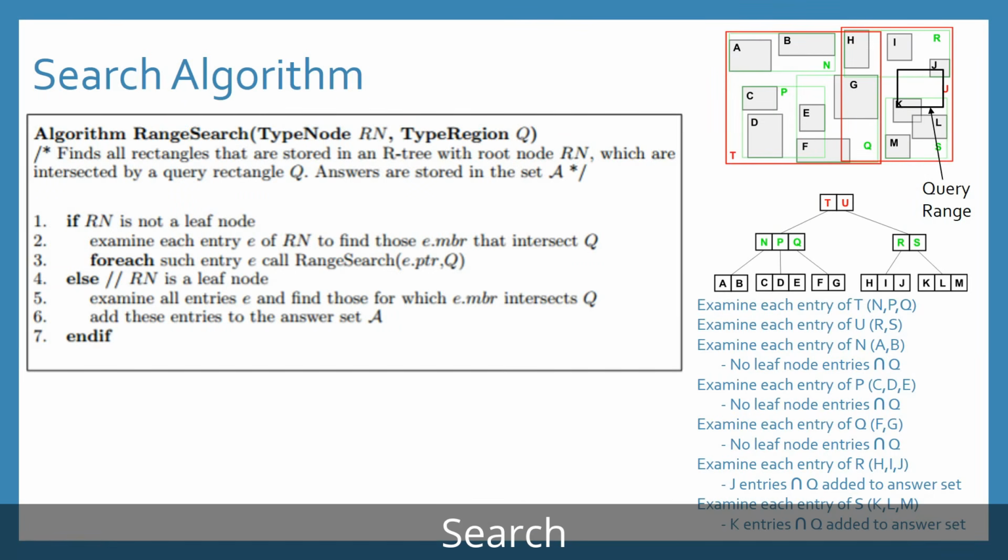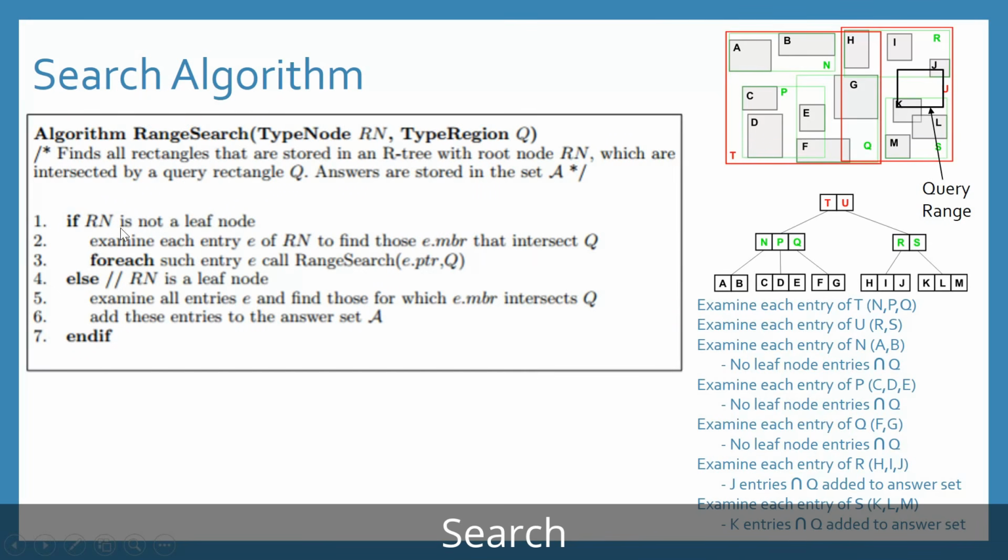For the search algorithm, the input is going to be the root node and the region within which we want to find rectangles. So it is going to search all the non-leaf nodes.